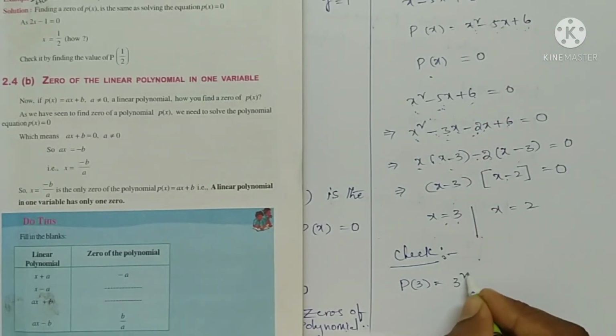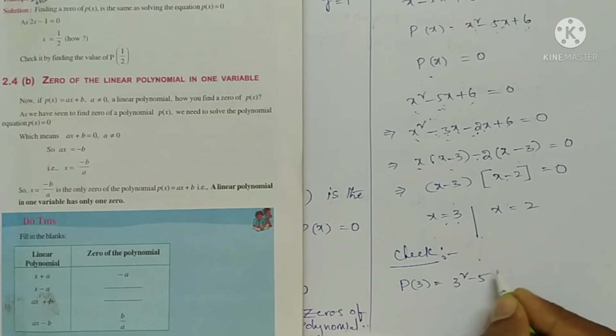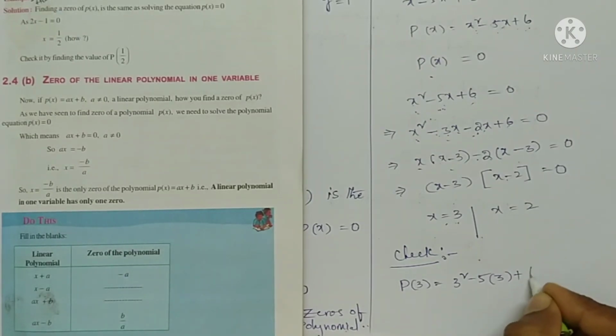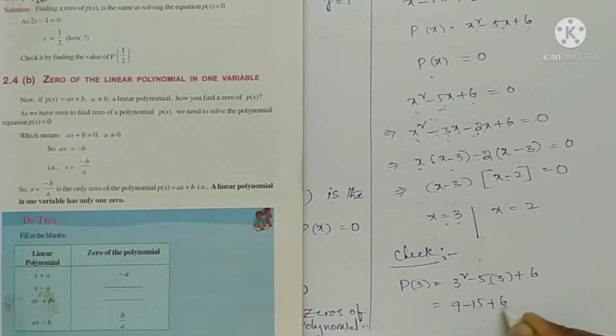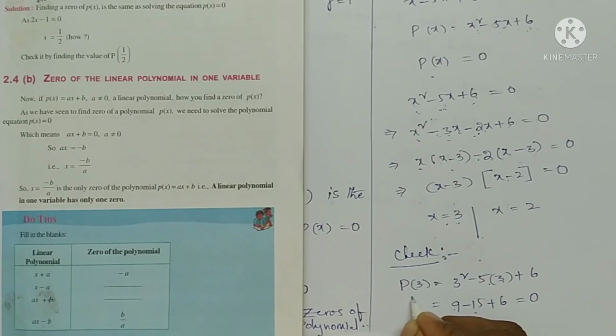So 9 minus 15 plus 6. 5 3s are 15. 9 plus 6 is 15, minus 15. The result is 0. So this is a zero of the polynomial.